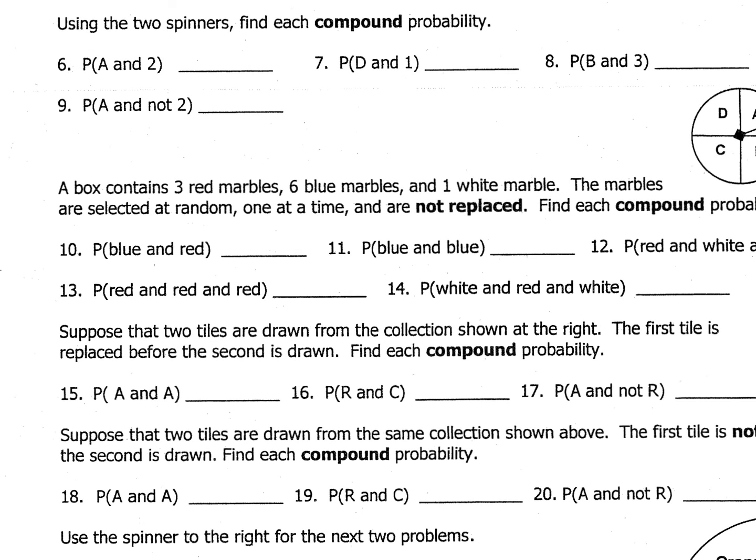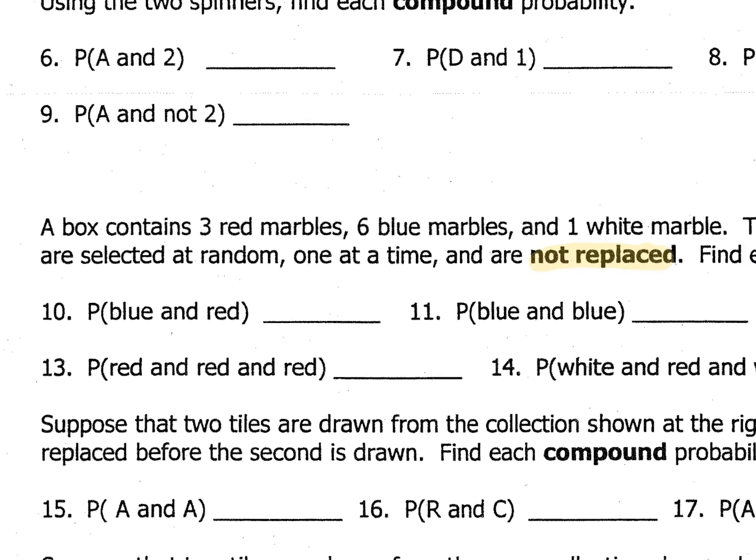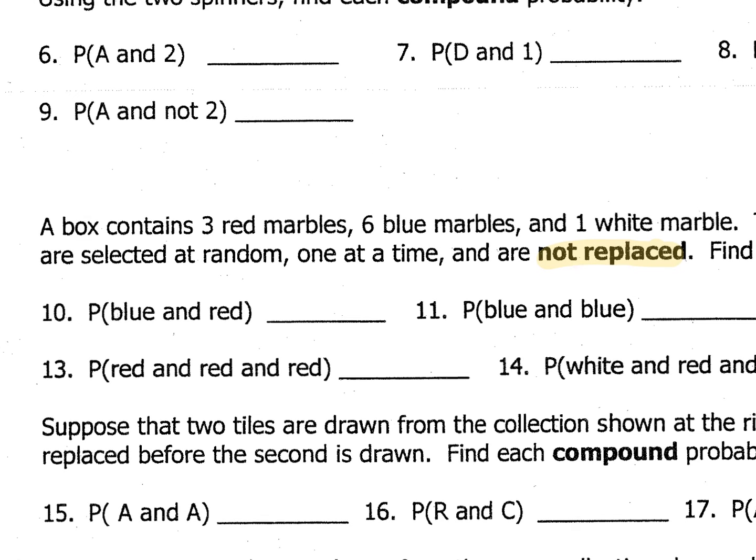Let's go to this next section that talks about that box with marbles of different colors. And notice that it says they are not replaced. So that means that these guys are dependent. All right? If you don't replace, the second probability that you do changes based on your first. So let's do number 10. Let's first talk about what's inside this box.